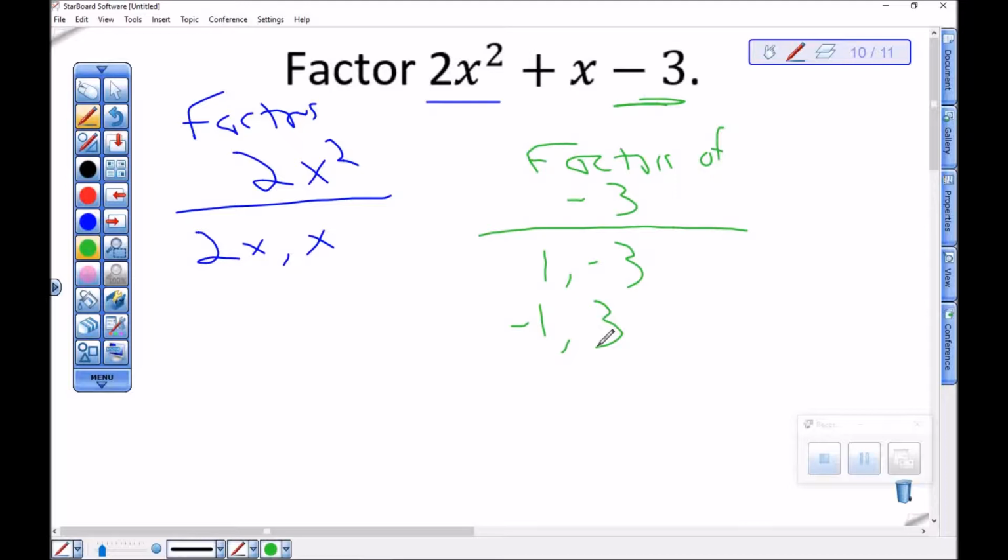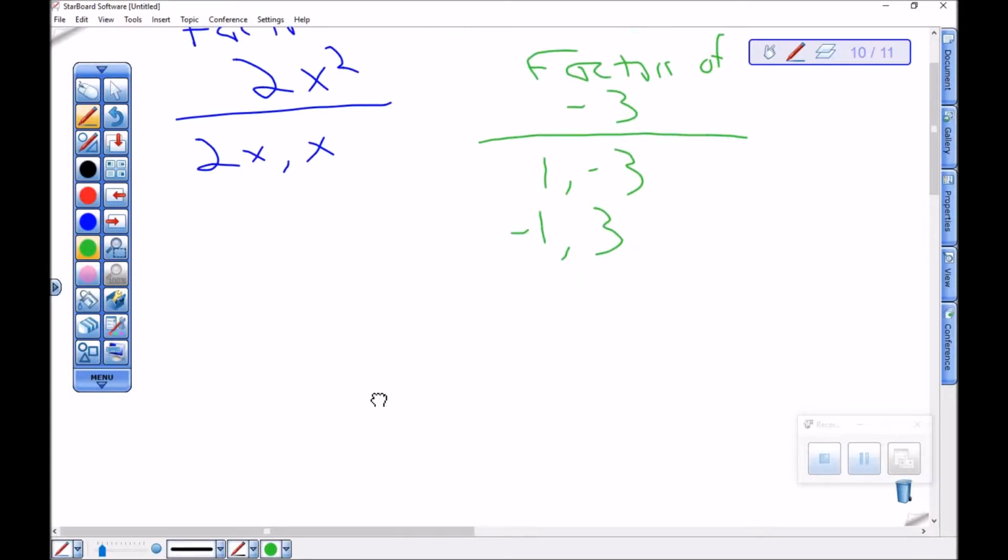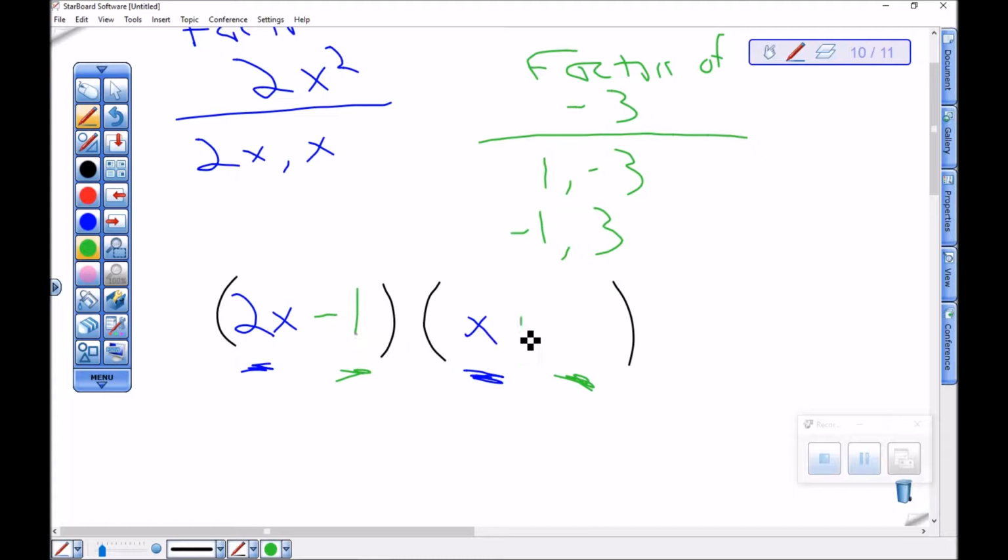Okay? So what I do is I'm now going to write two binomials where the first piece comes from the factors of ax squared, and the second piece comes from factors of negative 3, factors of the constant. So let's say I take 2x and x here, and then let's say I take, how about the minus 1 and the positive 3?